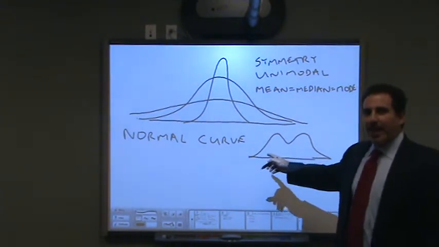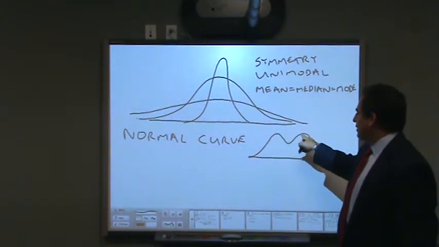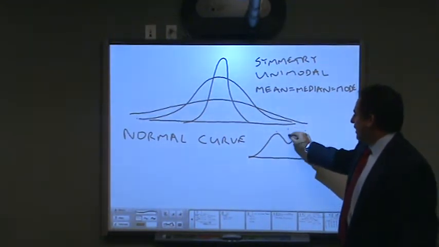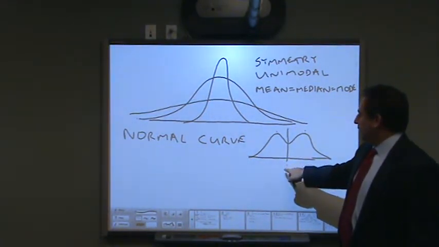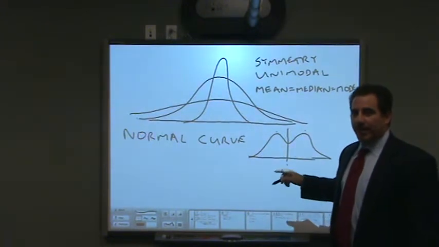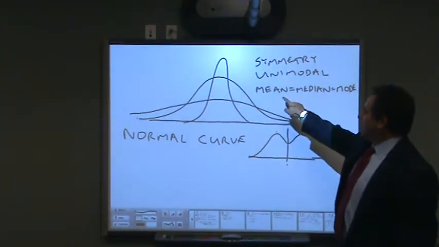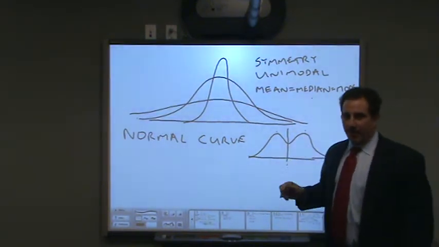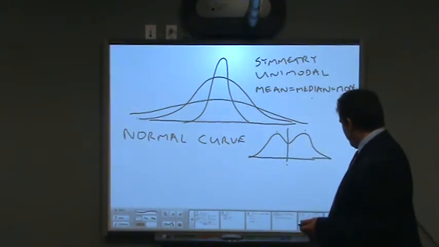See how it looks like a camel a little bit? Because there are two modes, right there and right there. And here is the mean, and here is the median on this. But with a normal curve, the mean equals the median equals the mode. They're all the same in a normal curve.